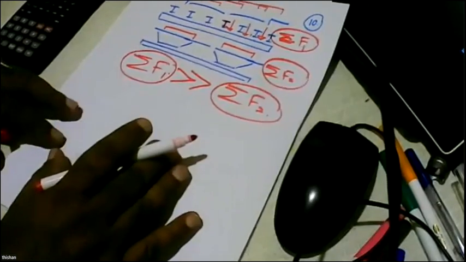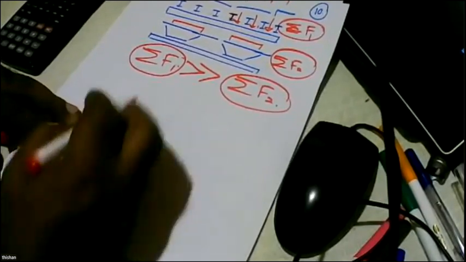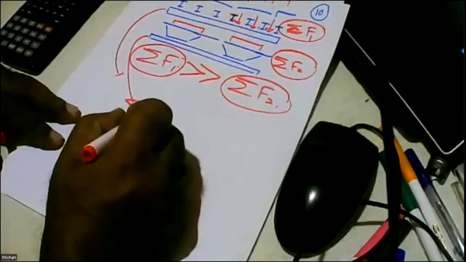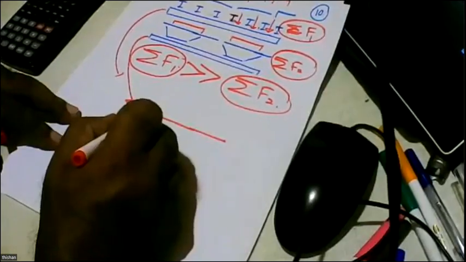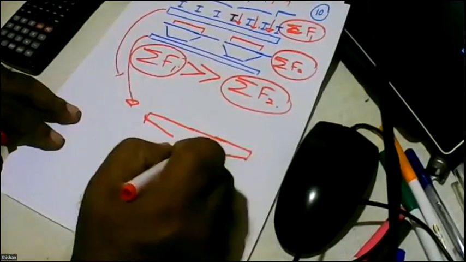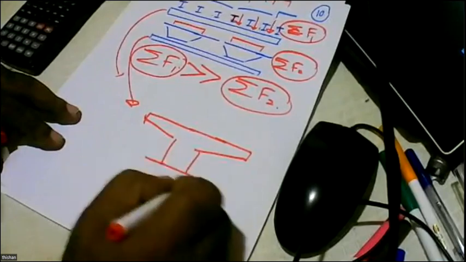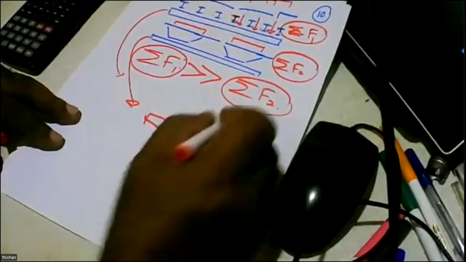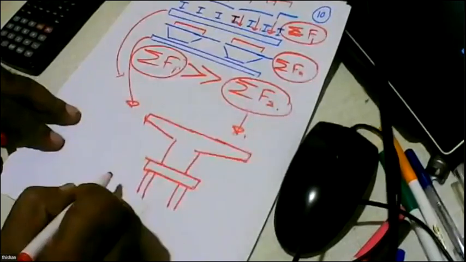So when you move from this to this one, if you want, you can reduce the number of piles very significantly, because we are now carrying much lower load on this system.